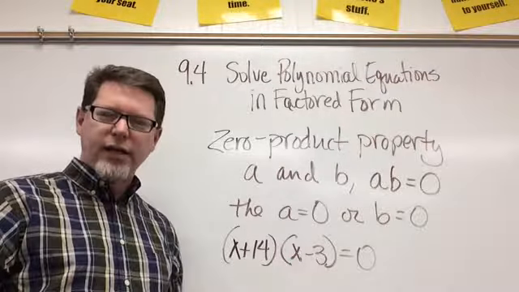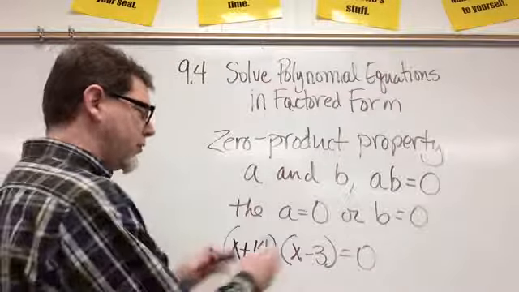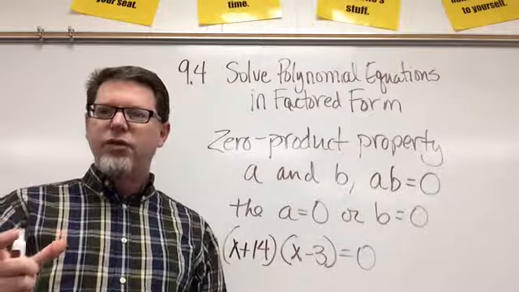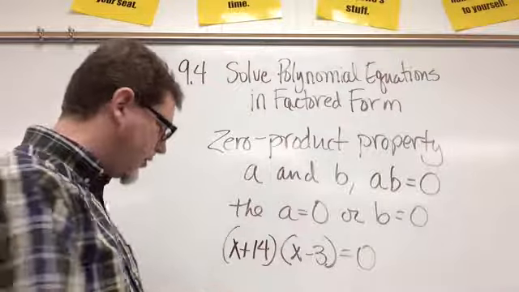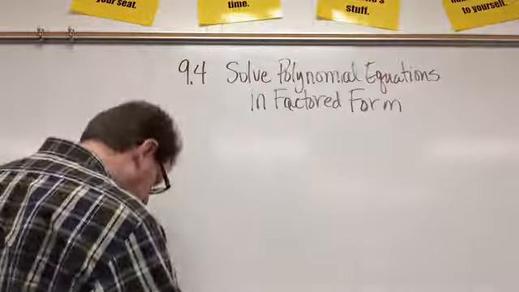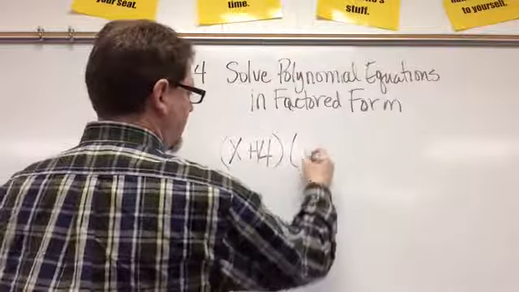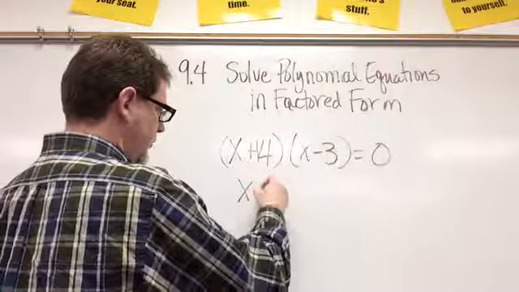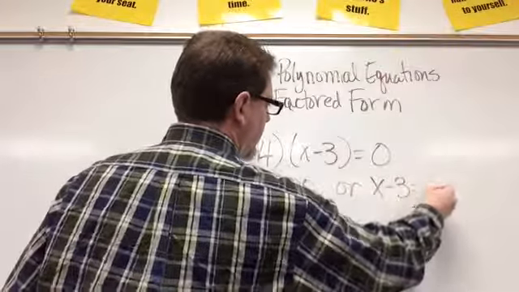So then the next question is, how do we figure that out? How do we write those things? Whenever we have two binomials or a set of polynomials that equals 0, we set up two different equations to make each one of them equal 0. So I'm going to erase a little bit and start over so you can see. We have x plus 14 times x minus 3 equals 0, then I would set it up into two equations: x plus 14 equals 0, or x minus 3 equals 0.